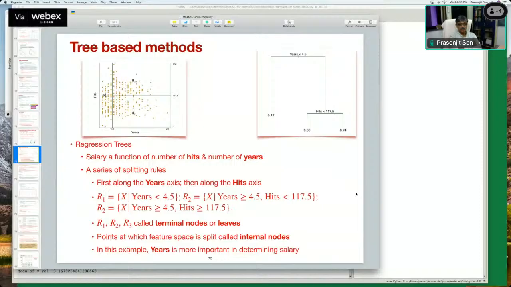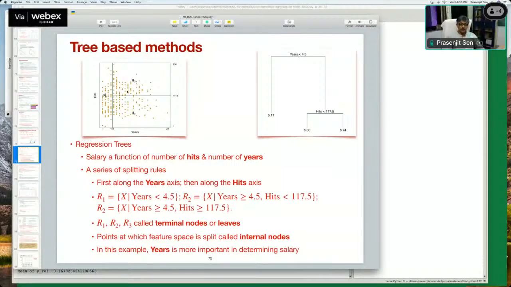So that is the figure on your left. That is the overall data. So it's a two-dimensional feature space, and each one of those points represents the salary of a player. So this is my complete feature space with samples. Now the rule is to split this feature space into several regions. Let us say first, we split it along the years.